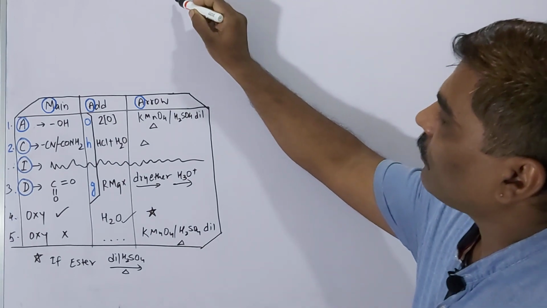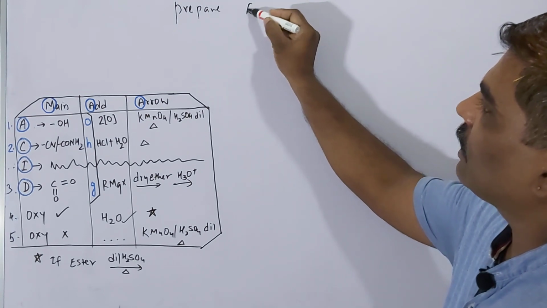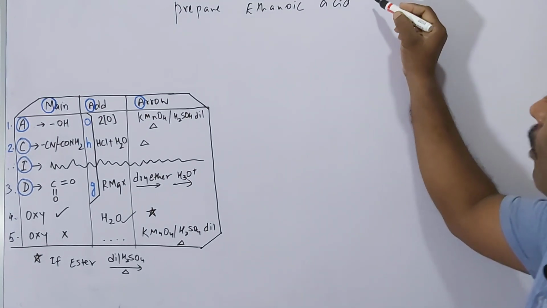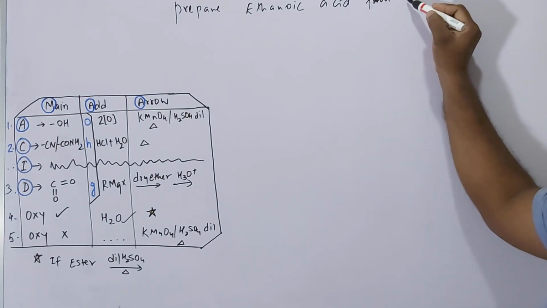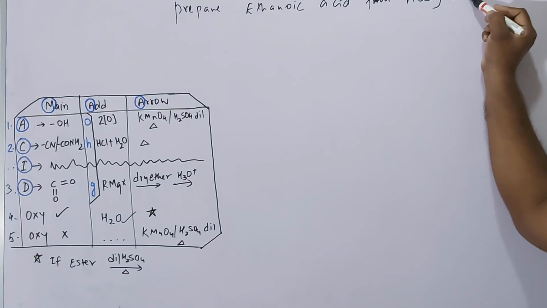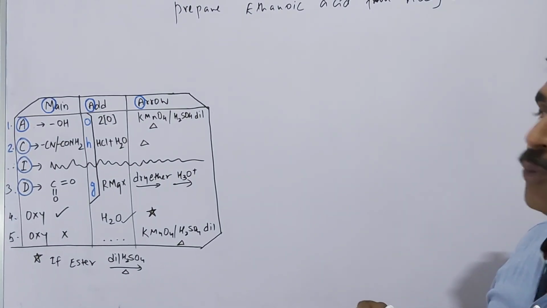Let's take a question. Suppose we want to prepare ethanoic acid from acetyl chloride. If this is the question, now what to do?